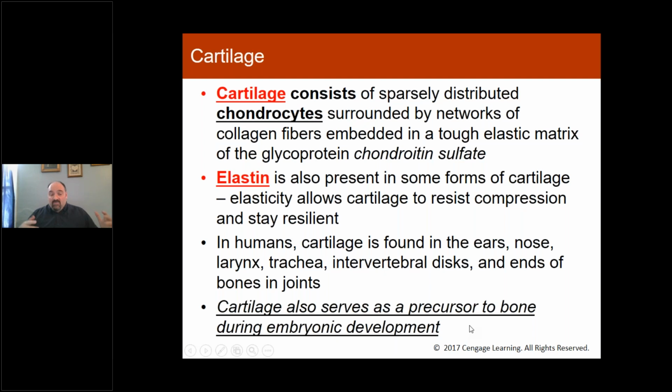So many portions of the skeleton begin as hyaline cartilage, this special type of cartilage that's present throughout. So your nose, hyaline cartilage. All the other places of your body that I didn't mention earlier would be hyaline cartilage. Cartilage is a very important type of structure, and again, it can become bone as the embryo, the child, develops.